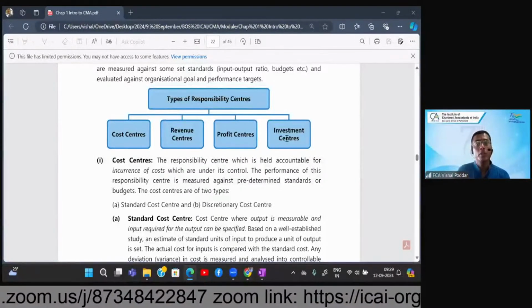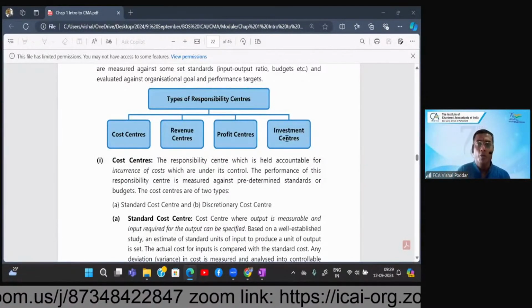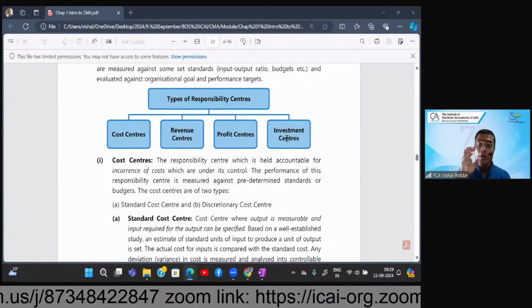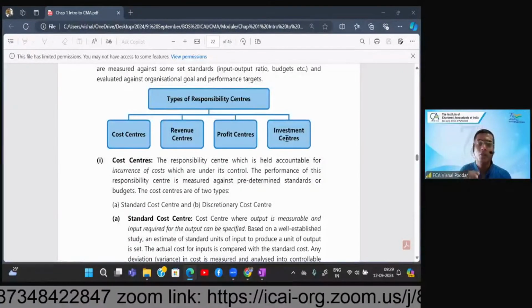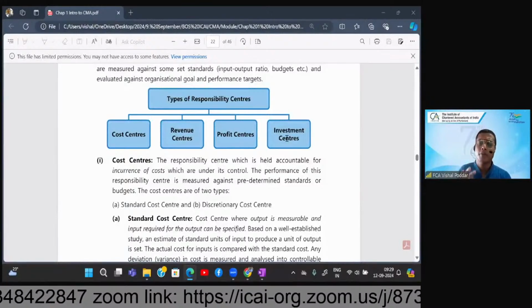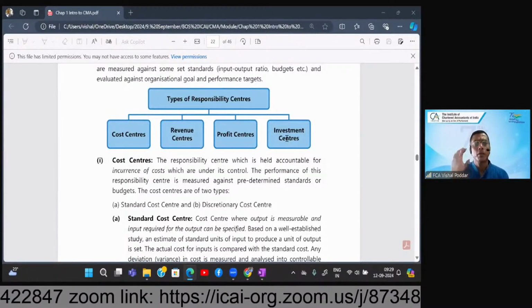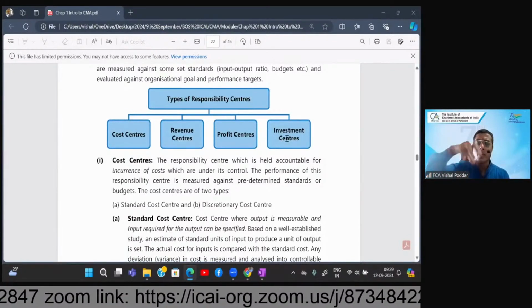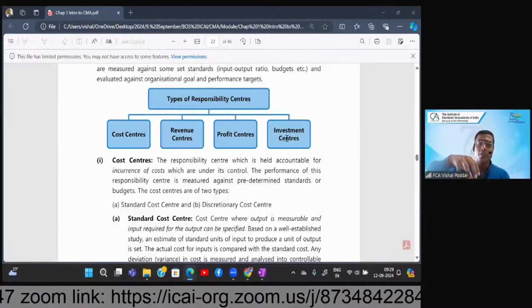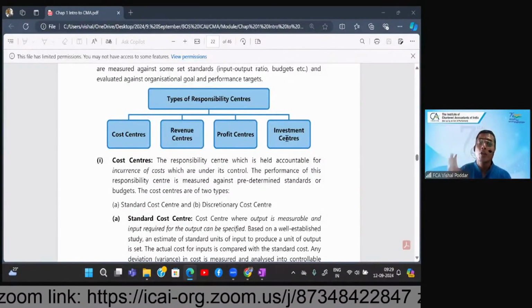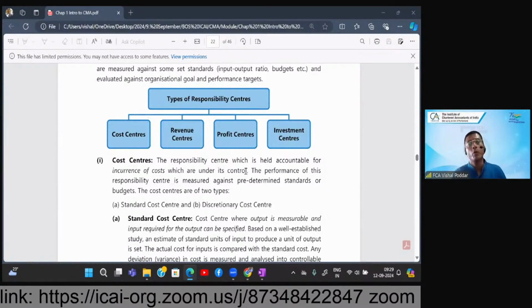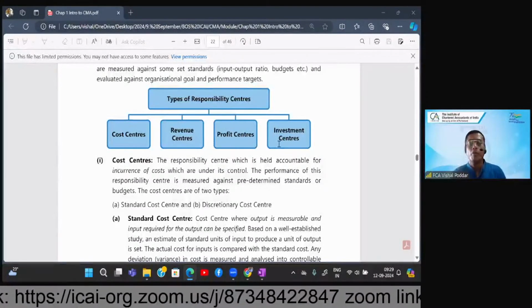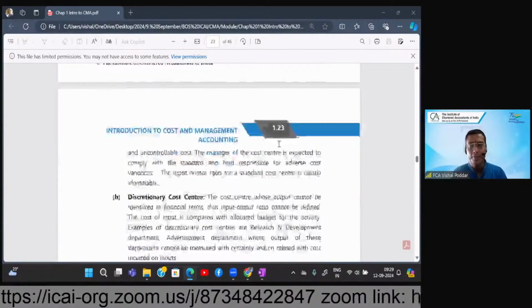And in every port, it is spending 5,000 crores, 2,500 crores. So it is now more focused on how much returns that branch would give me in relation to the investment. So that becomes an investment center. So basically, responsibility center means that branch, that place, that business department on which you have put some responsibility. And depending upon what responsibility you have put, it may be a cost, revenue, profit, or investment center.